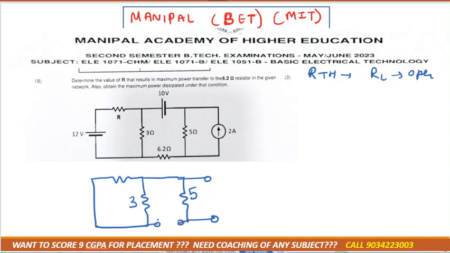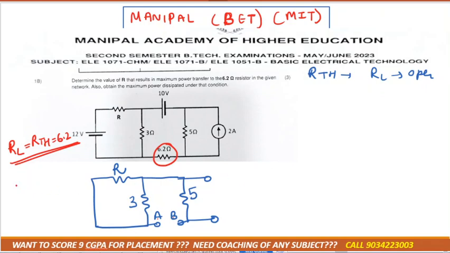RL is open circuit and we will mark it as A and B. That's how the diagram will be. Now as you know RL is equal to RTH is equal to 6.2. What did we do? We open circuit the RL, so we'll always mark across A and B.